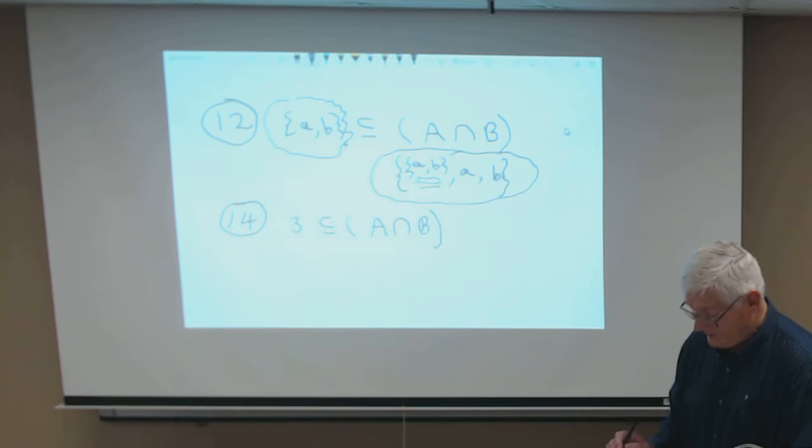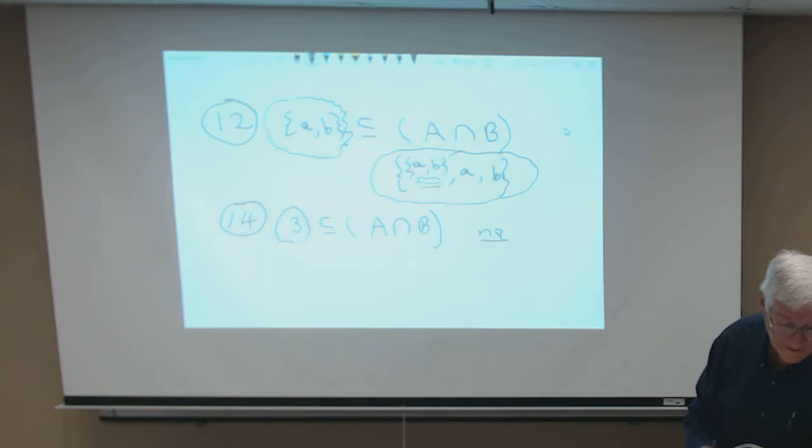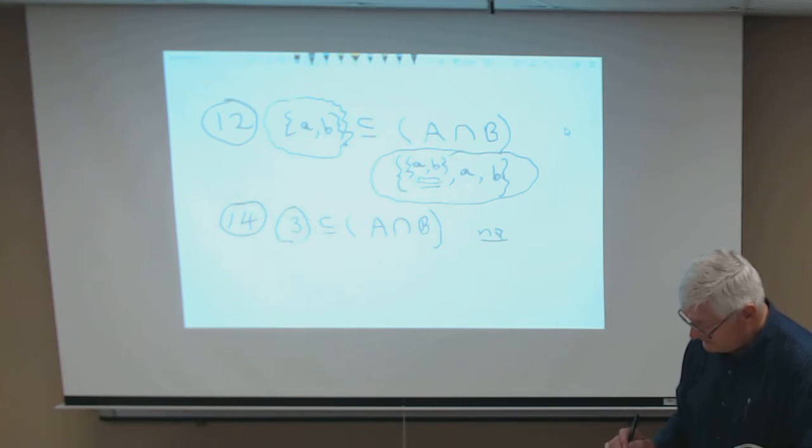Here's A intersect B right here. Is 3 a subset of that? No. So that's incorrect. I think that's what they want you to say. Which of the given statements are correct? And this is incorrect.